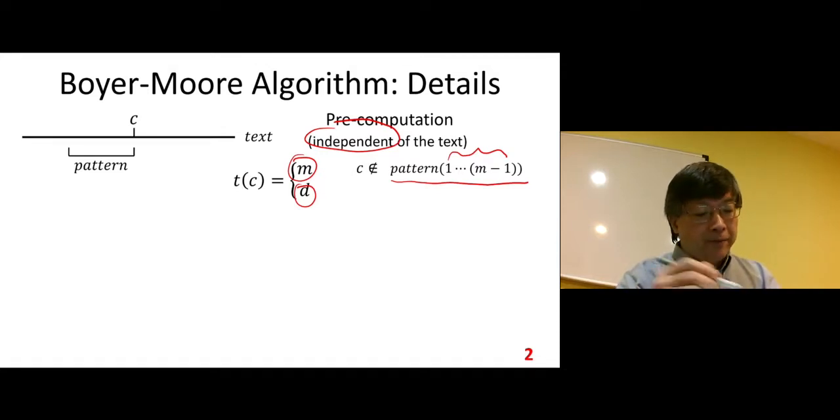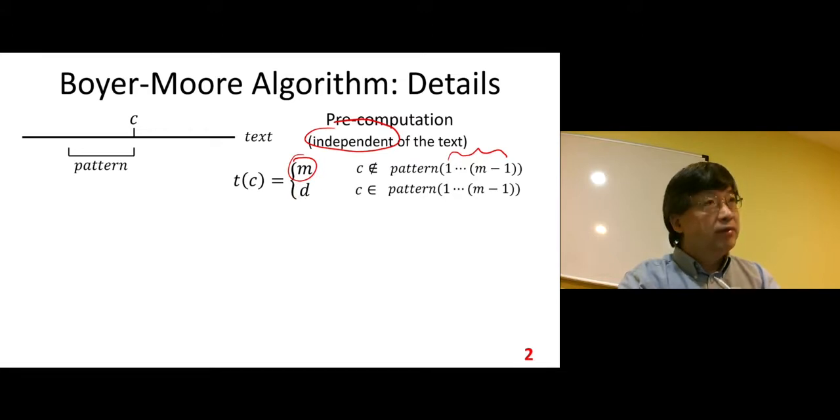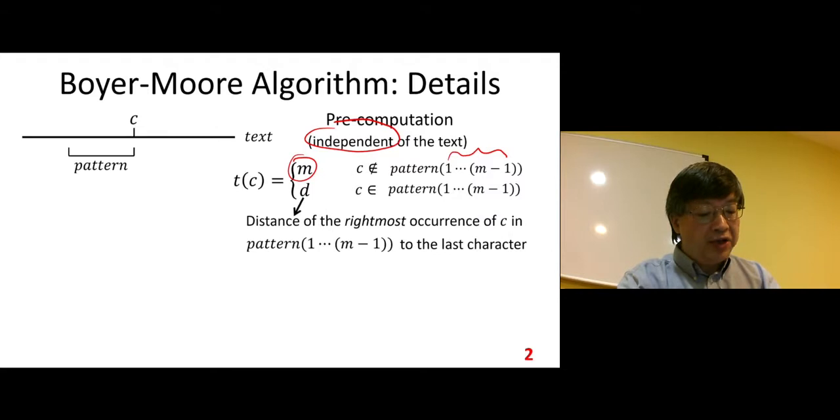Then the step size is M. Second, if C is in that pattern, then we calculate the distance D, the distance of the rightmost occurrence of C in the pattern from 1 to N-1 to the last character. That distance.